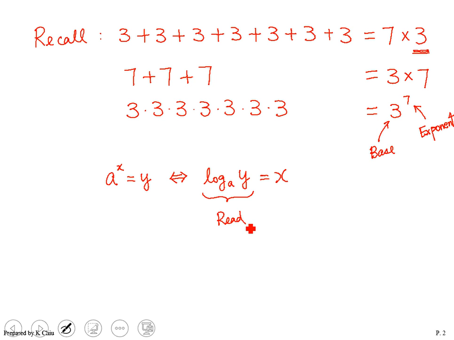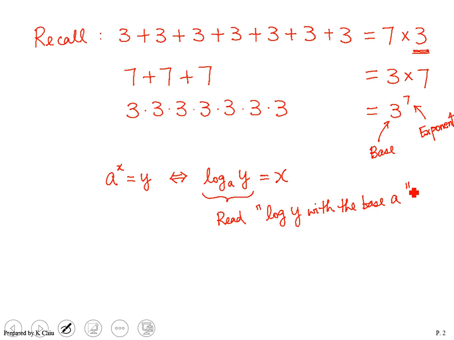Log y with the base a. And the a will become a subscript.